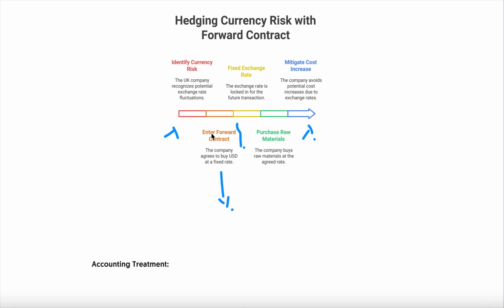So when they get into the forward contract, they're actually fixing this, so they have no exposure to any big fluctuations. Then they purchase the raw material and they mitigate the cost increase. If the cost goes up, then the fixed exchange rate would kick in and help them minimize any cost increase.